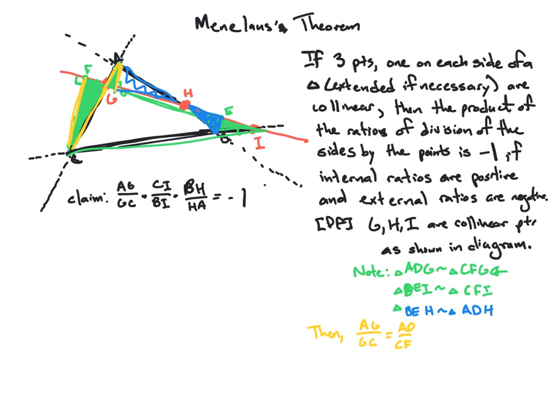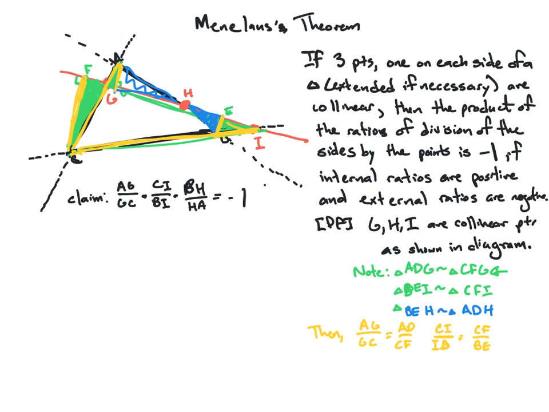That's from the first set. From the second set, which you remember is with C and B, this smaller triangle, here we can take CI, the hypotenuse of the larger triangle, is to IB, the hypotenuse of the smaller triangle, as CF is to BE, corresponding right here.